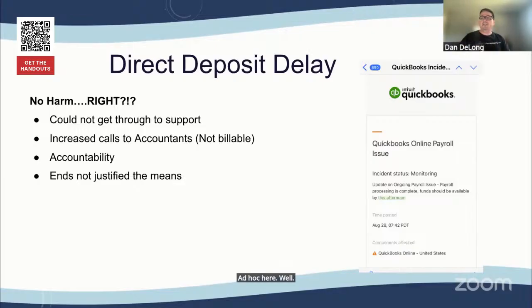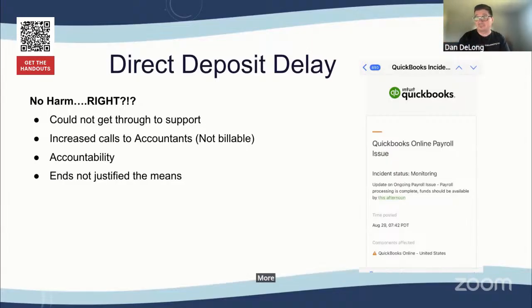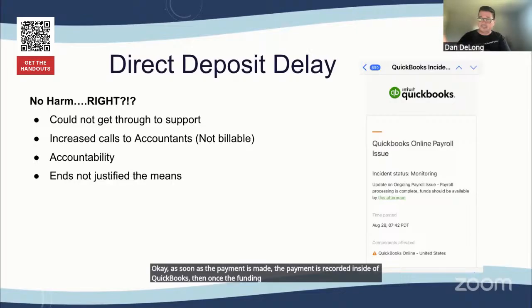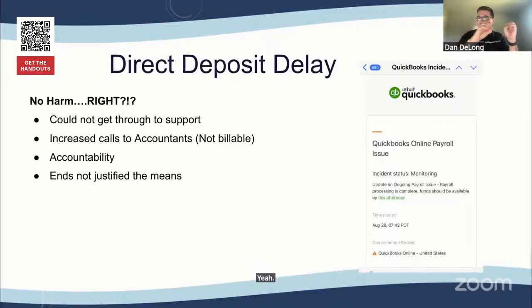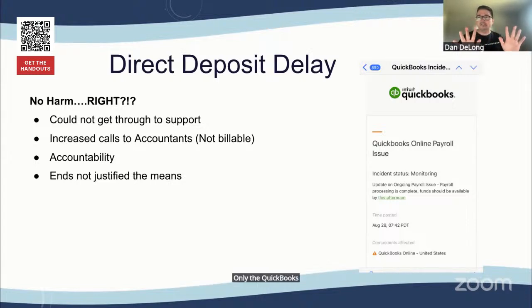Well, I mean, the thing is, the advantage of using connected services through Intuit is the integration, that they're going to have more availability to do more things, right? So like the things that you see with QuickBooks Payments: as soon as the payment is made, the payment is recorded inside of QuickBooks. Then once the funding happens, the deposit actually happens inside of QuickBooks, and then it's automatically reconciled. Those are additional things that only the QuickBooks connected service is going to allow you to do. And you're going to see that with the QuickBooks bill pay and the payroll, right?